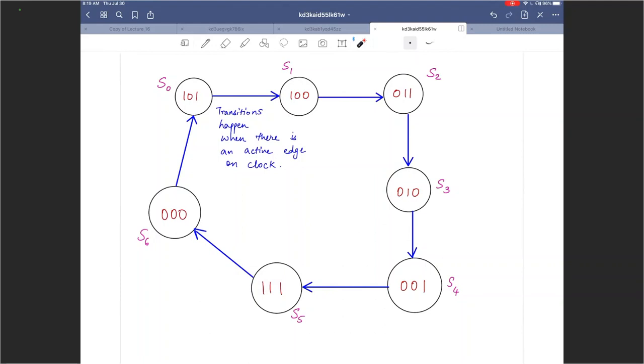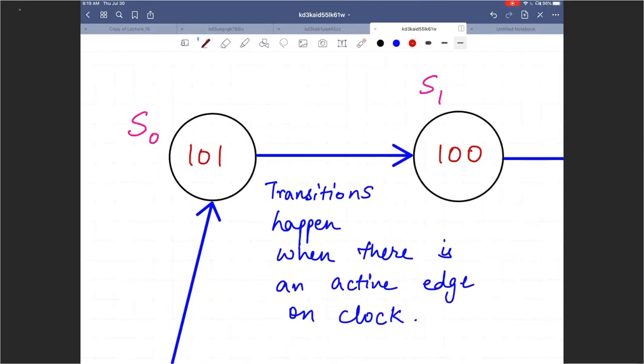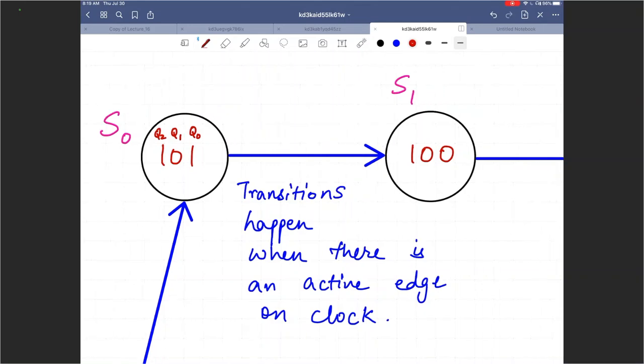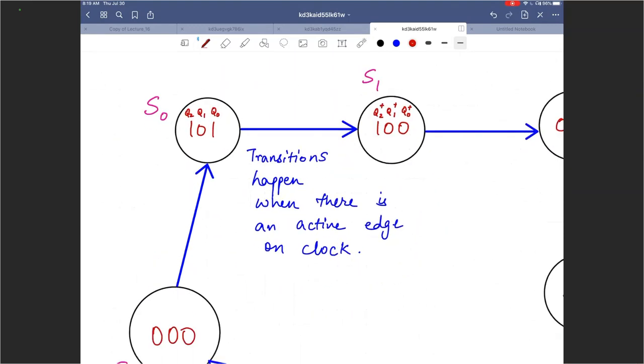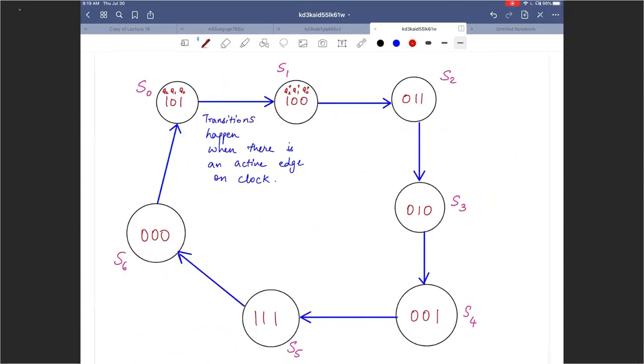And if this is, say, Q0 and Q1 and Q2, the output of the flip-flops at that time, then using our terminology, I can say this will be Q0 plus and Q1 plus and Q2 plus, right? The next state, as far as just the first two states are concerned. And that applies for all the states here. There will be a current state and then there will be a next state.